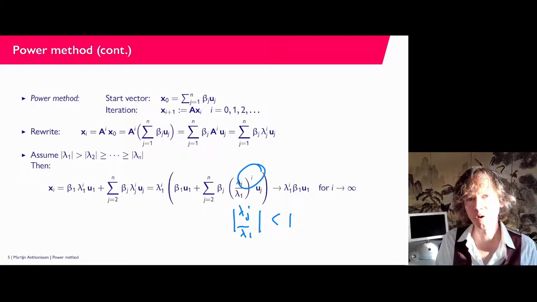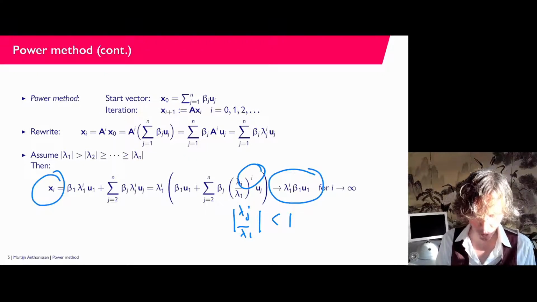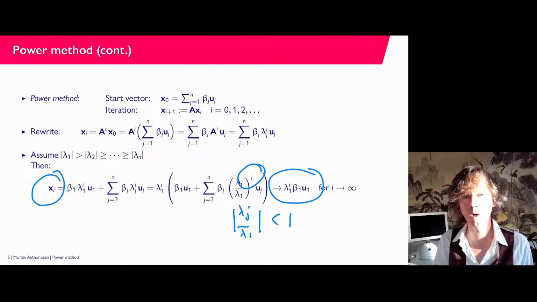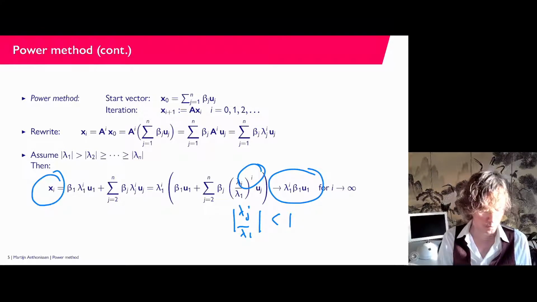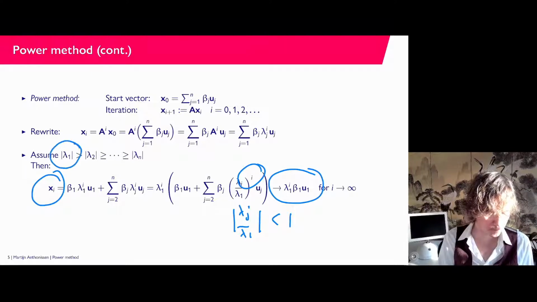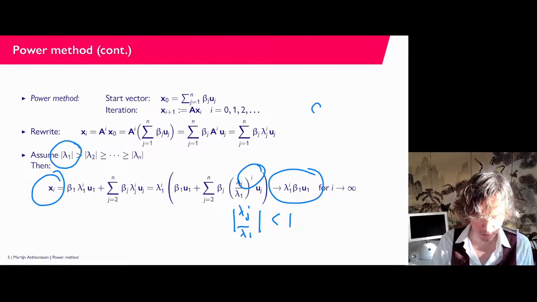So if you let i go to infinity, then you see that apparently the xi's converge to lambda 1 to the power i times beta 1 times u1. So what it means is that u1 is the eigenvector that corresponds to lambda 1. And this lambda 1, since it's the biggest one, we will call that the dominant eigenvalue.